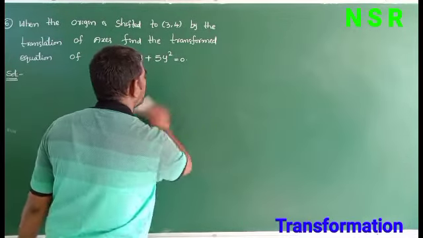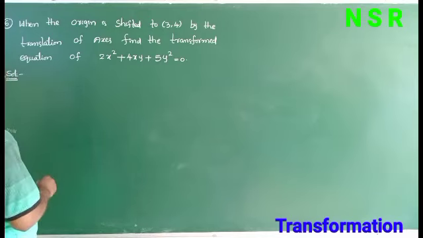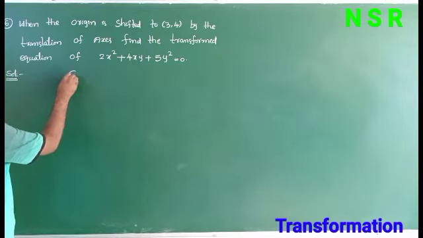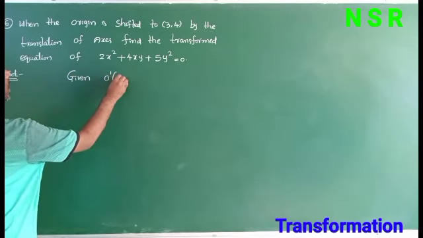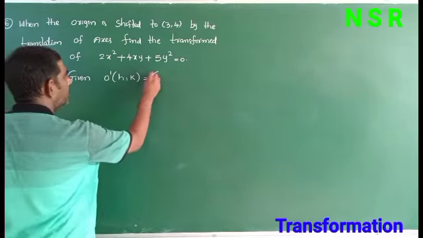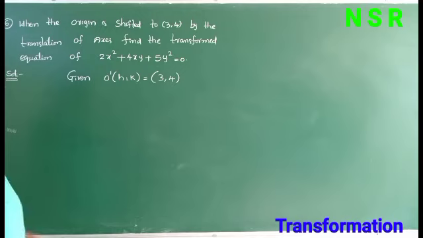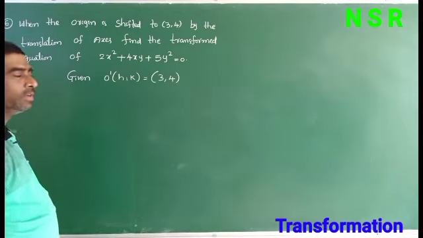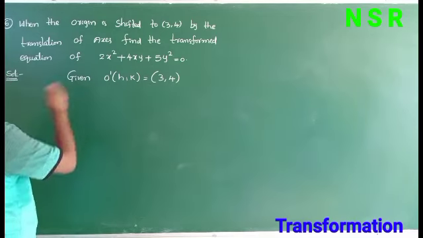So, in this question also given origin shifted point, that is O dash (h, k) equal to (3, 4).